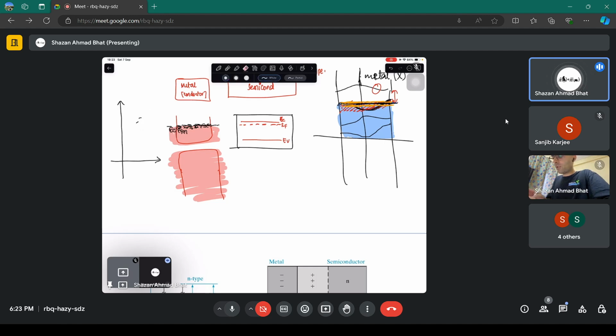And whenever you draw this diagram for a metal, let's say you have something like this, and the Fermi level lies around this point, you can clearly see that there are other orbitals present. Let's say this is a d orbital.